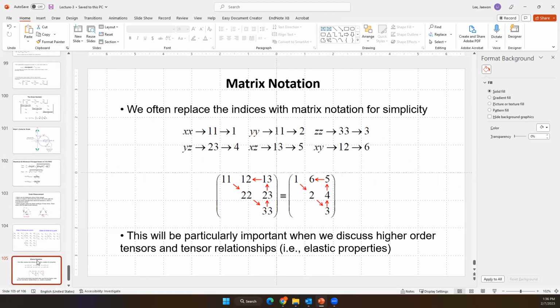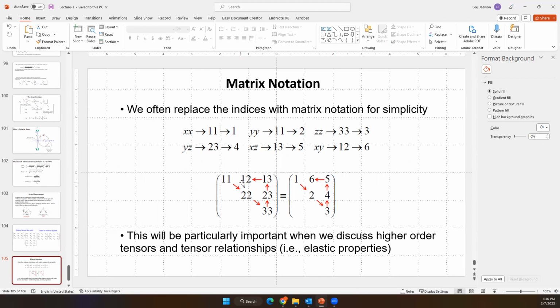But if we study more complicated tensors, we usually use a different notation to simplify the tensor.